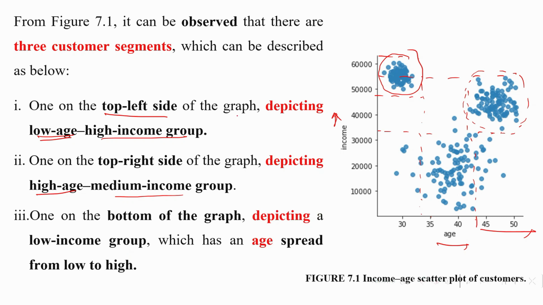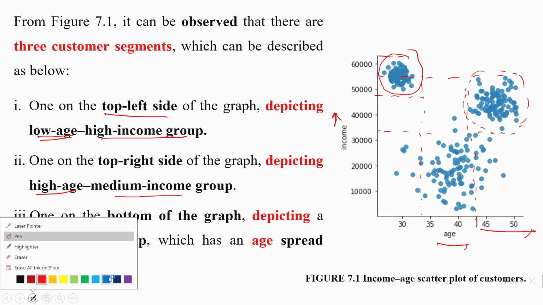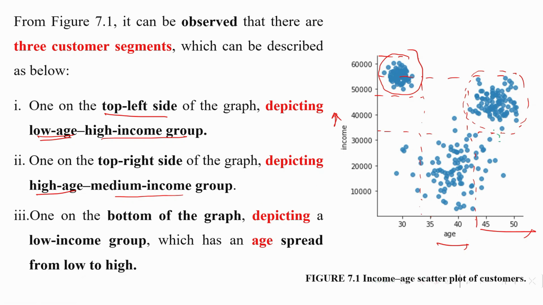And the third one is the bottom of the graph. It contains all the remaining elements, the other group of elements. It contains the low income group, and the age is spread from low to high values.